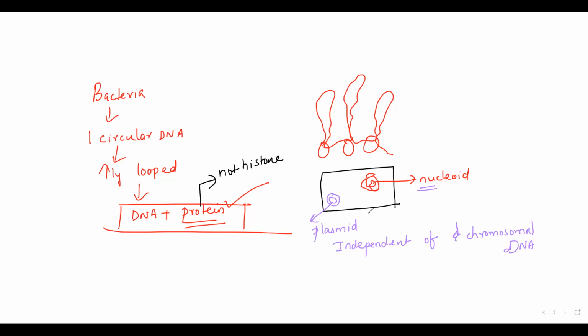Okay, and when we compare the prokaryotic chromosomes with the eukaryotic chromosomes, the eukaryotic chromosomes are going to be very long, and these are going to be very complex structures with the histone proteins. Here we do not find the histone proteins. So now what I'm talking about is the eukaryotic chromosomes.